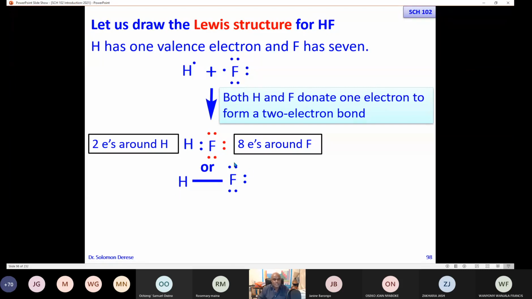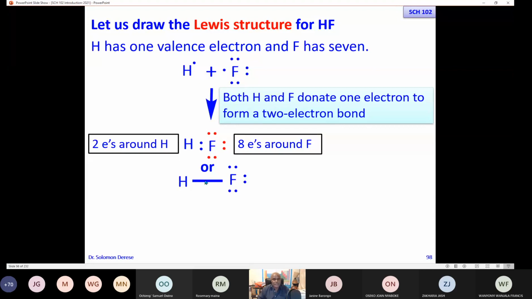Now, when this molecule of HF is formed, the 8 valence electrons of the hydrogen and the fluorine are found on this molecule HF in two different ways. One way in which the electrons exist is as shared electrons, the ones that are between the hydrogen and the fluorine.